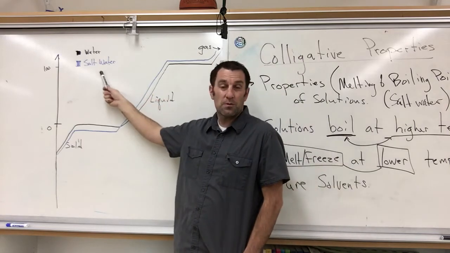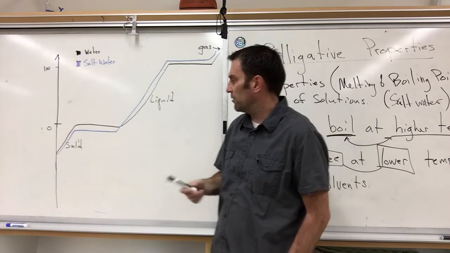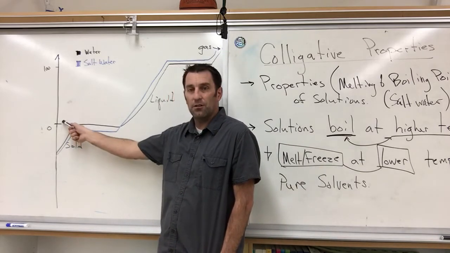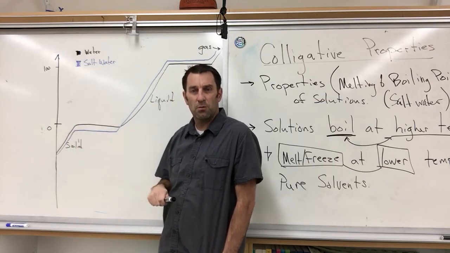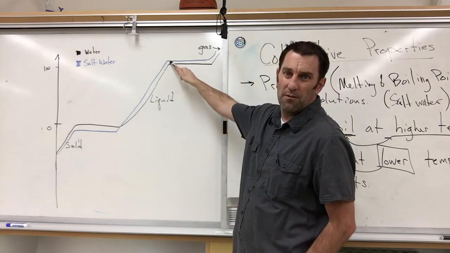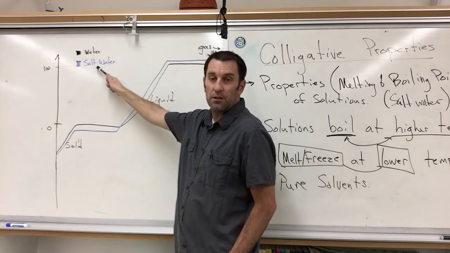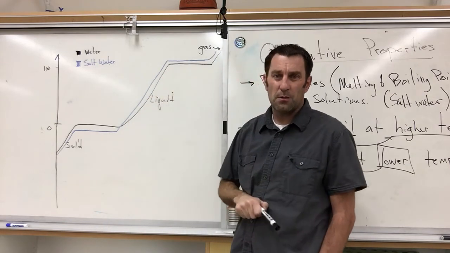The blue line represents salt water, and this illustrates its colligative properties. The blue line is melting or freezing underneath 0. All right, because we have lowered the melting and freezing point. Up here, the blue line goes above the black line because salt water, its colligative properties, say that it will boil at a higher temperature.